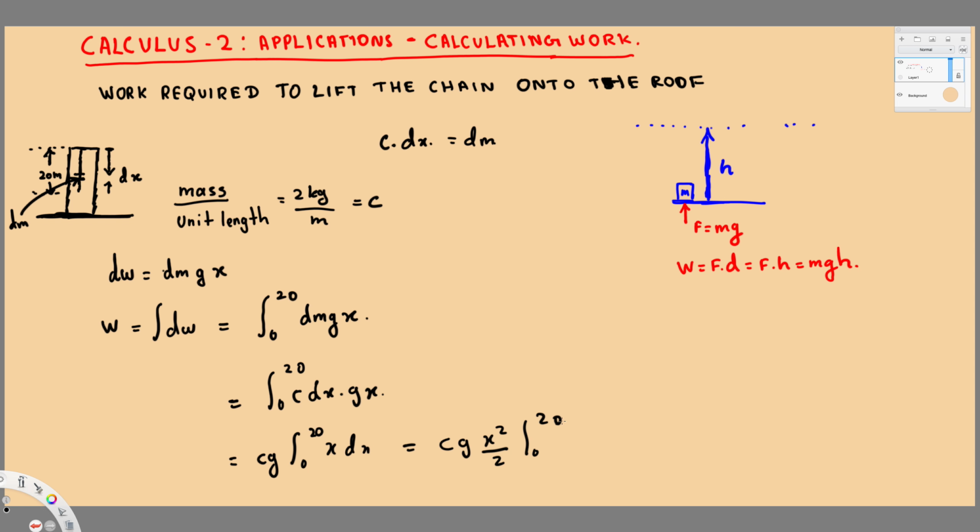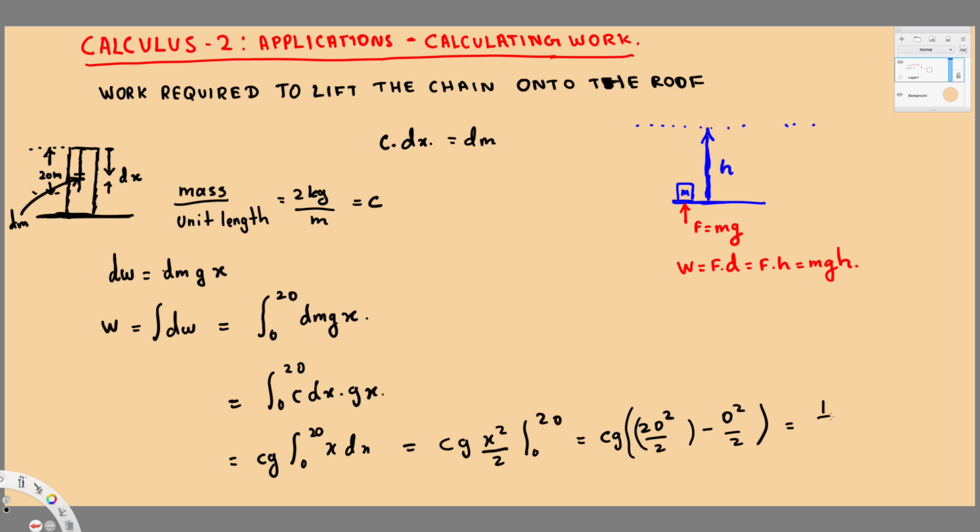Now we can apply the values. This is going to be cg times 20 squared over 2 minus 0 squared over 2. 0 squared over 2 is just 0, so this is the only value we are going to calculate. We already know c is 2.